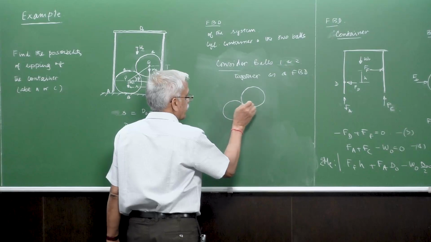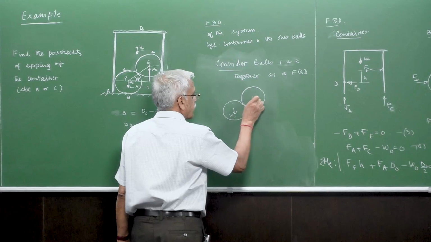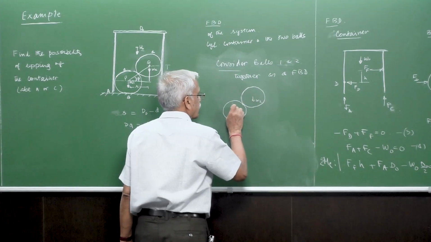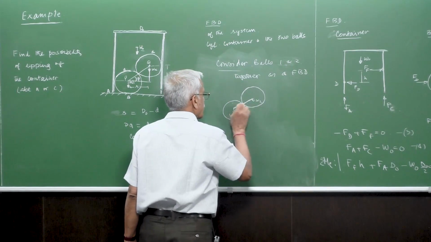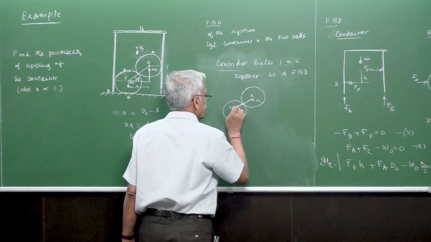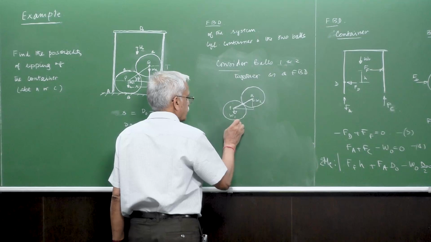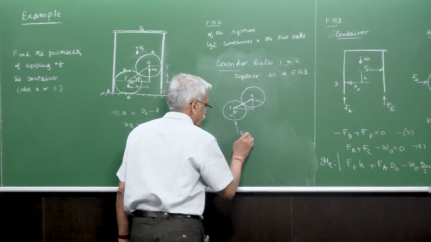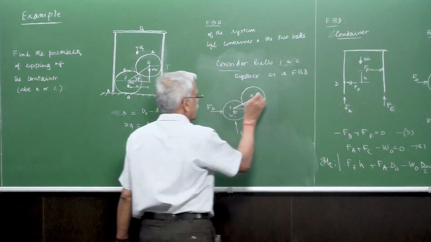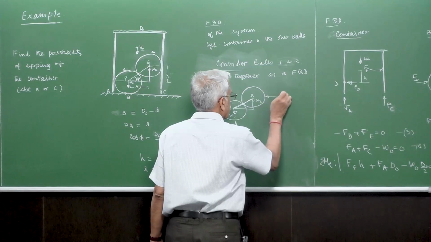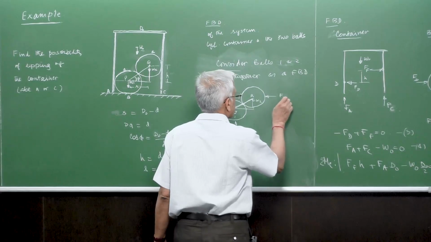So we can put the bodies together, 1 and 2, this P and Q together like this. And this is W1 and W2. And of course, don't forget to show this FB also, and you have FT, and FF.